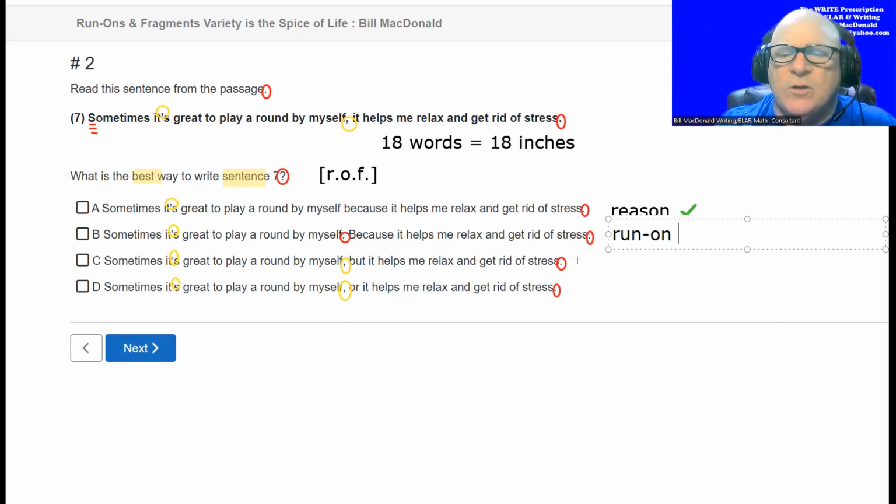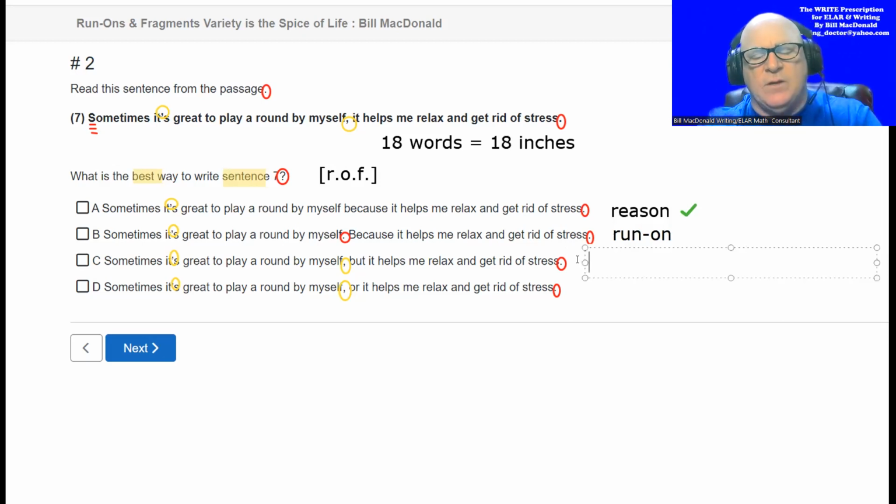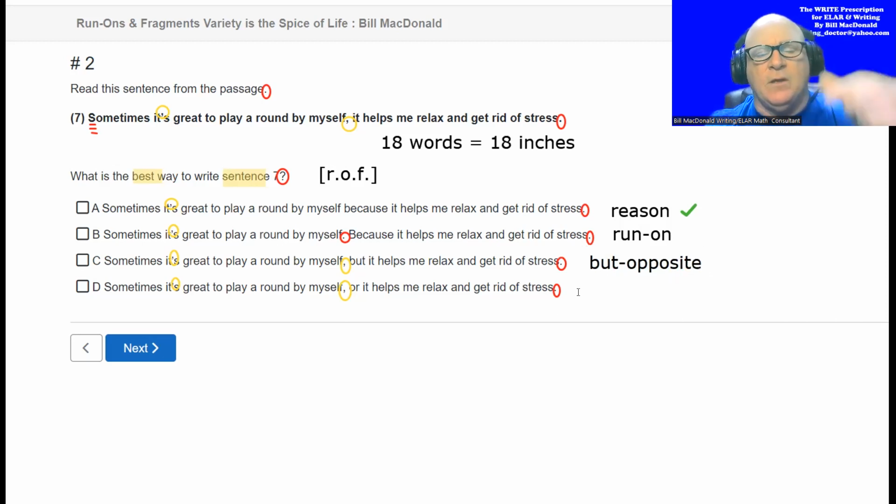Those are complementary to each other, but "but" would turn it into an opposite statement. So we wouldn't want to select that one.